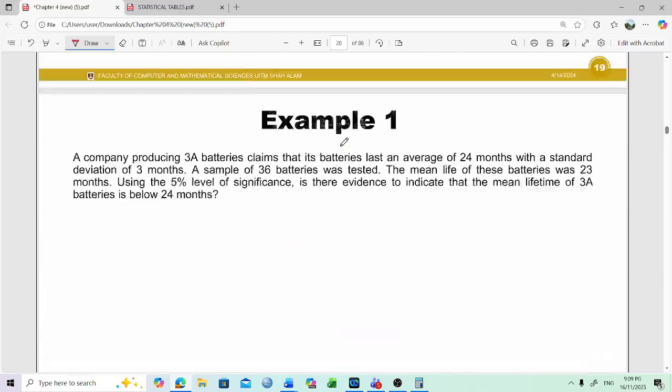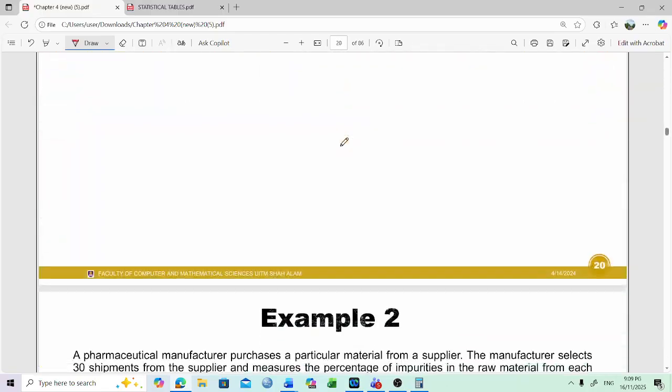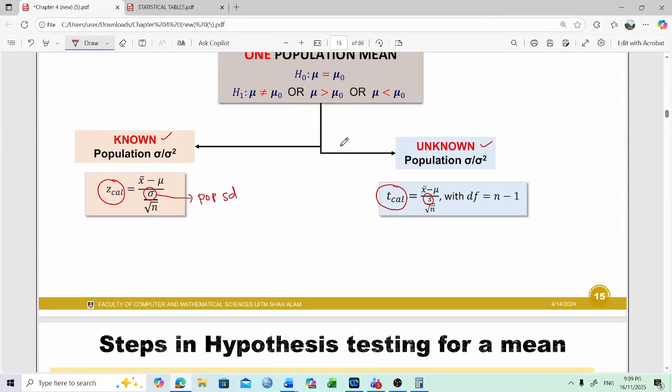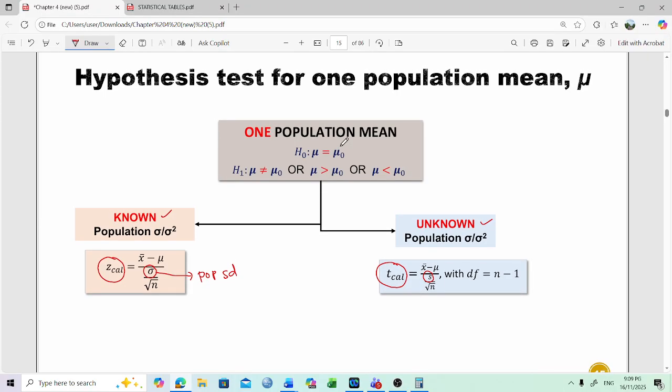Okay, so let's take a look at the first one, which is on page 15. For this syllabus, you will have hypothesis testing for one population mean and for two population means. Now it is for one population mean.